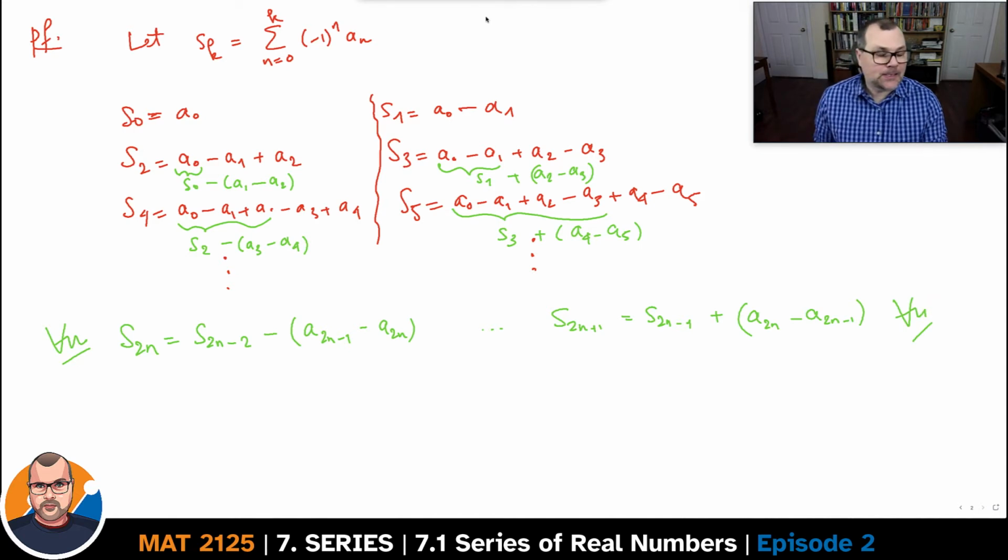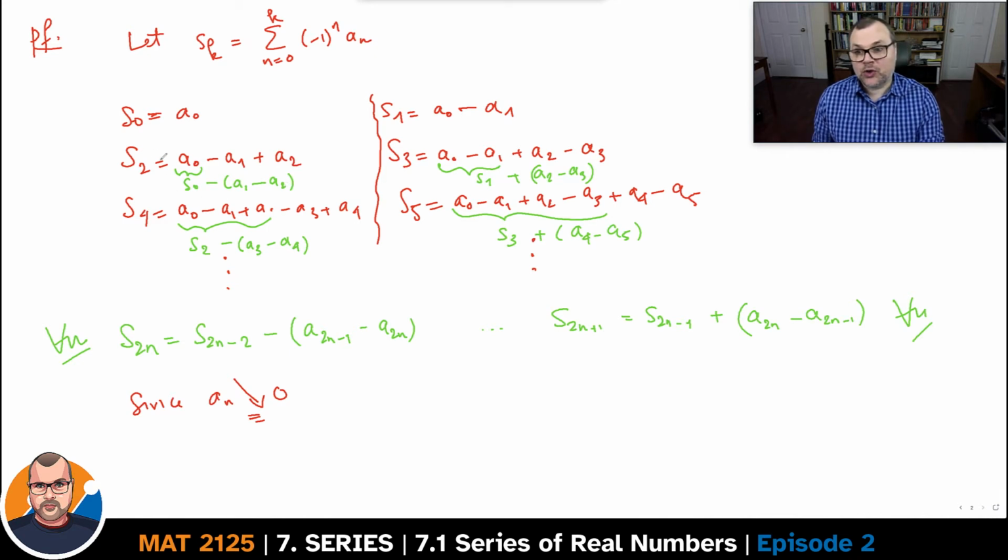Now, because the sequence is decreasing, we know that A3 is going to be larger than A4, for instance, that A1 is larger than A2.